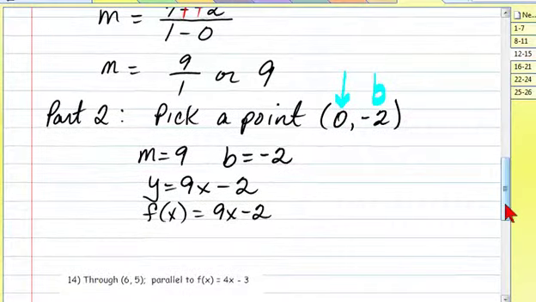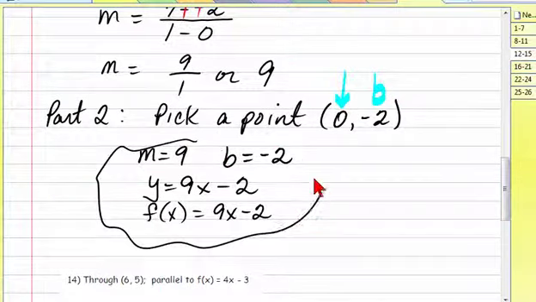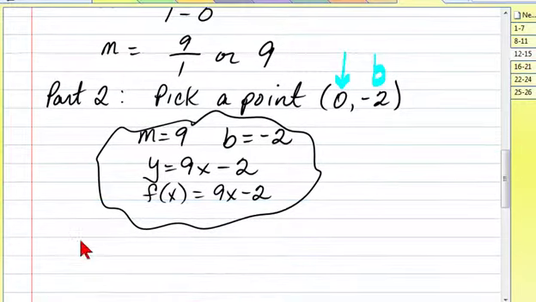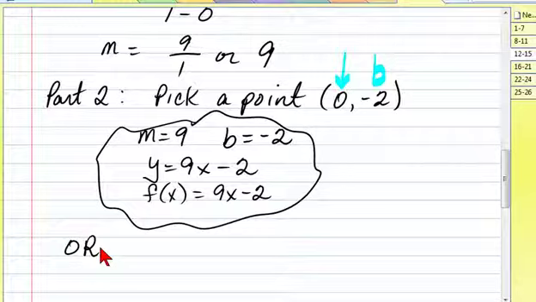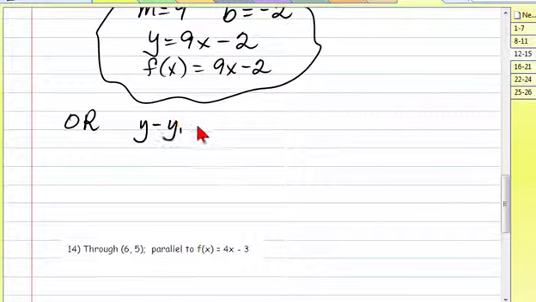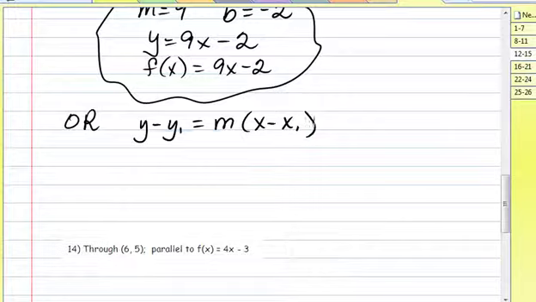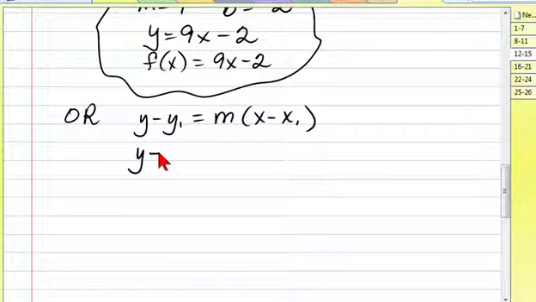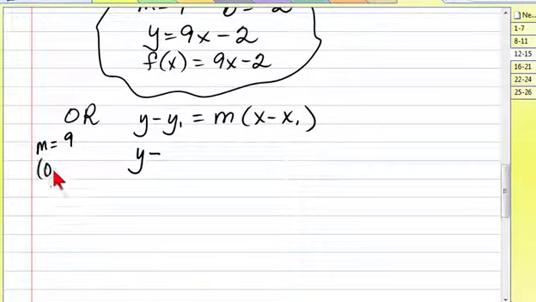But let's pretend that we didn't notice that. Or I could say y minus y1 equals m times x minus x1, because I have a point and I have the slope. So I have y minus, let's see, what did I have? I had that m was 9 and the point was 0, negative 2.